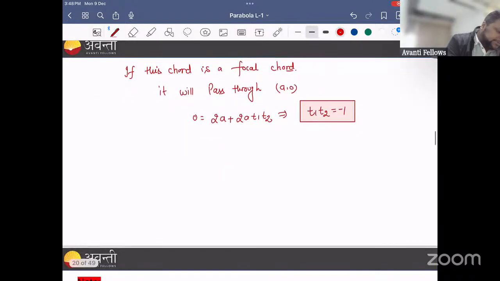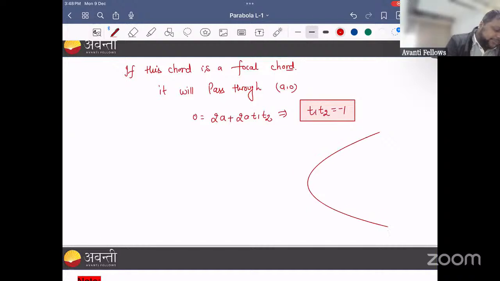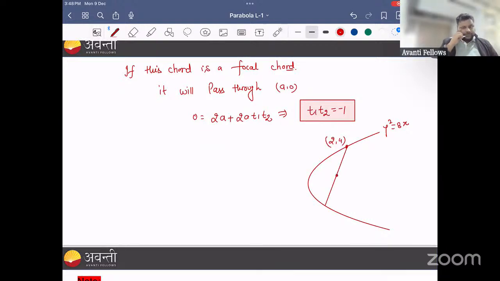Say somebody asks me: this is the parabola y square equals 8x, and there is a point (2, 4). They ask you to find the other end of the focal chord. First of all, I find (at square, 2at), where a is 2. So it is (2t square, 4t). Now, if this is (2, 4), that means your t is going to be 1.